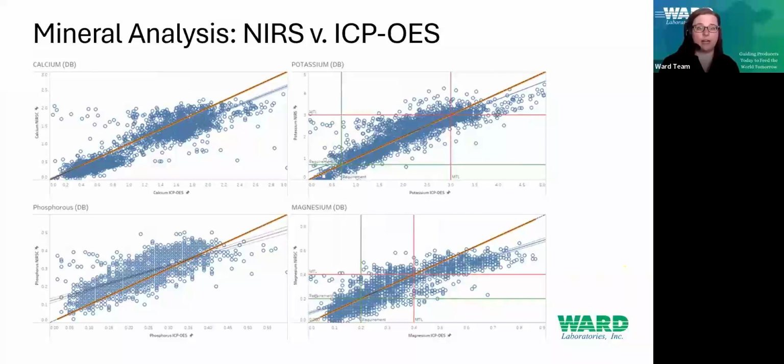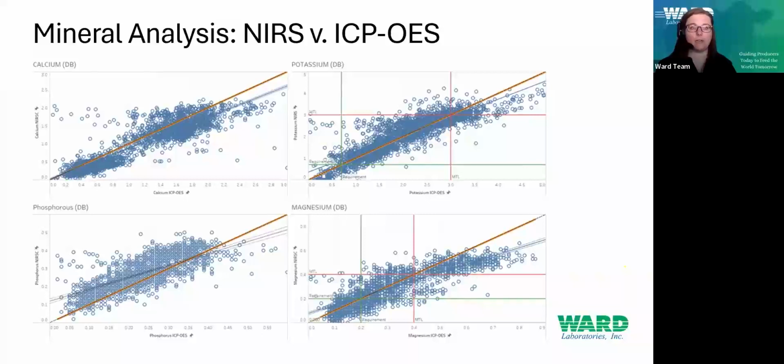And what we've got here, we've got calcium, phosphorus, potassium, and magnesium. On the y-axis, I've got the NIRS determinations for each of these values. Each little dot is a sample, and on the x-axis, we've got our wet chemistry determined values. If this had a good correlation, all of these samples should be lining up along that orange diagonal.